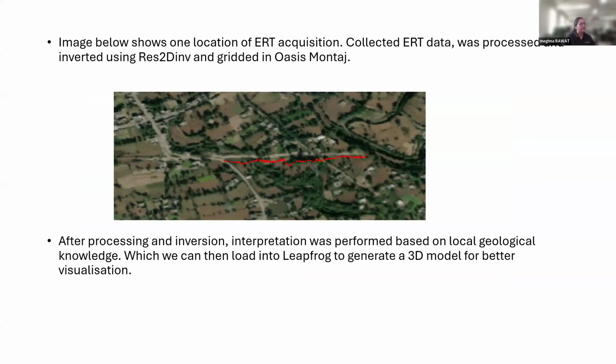It means that we got the point data from the raw data inverted in RES2DINV, and then we could also arrange the grids in Oasis montaj. After processing and inversion, interpretation was performed based on the local geological knowledge, which can then be loaded into LeapFrog to generate a 3D model for better visualization.